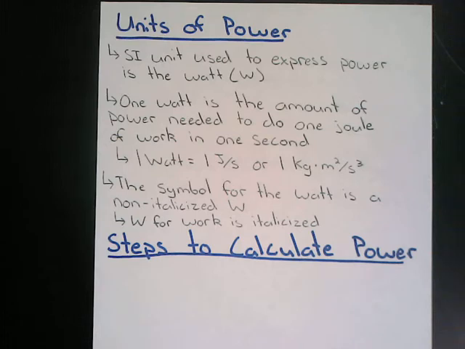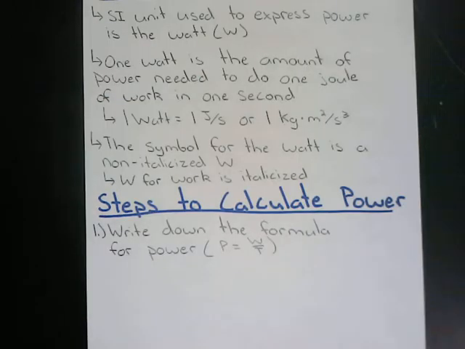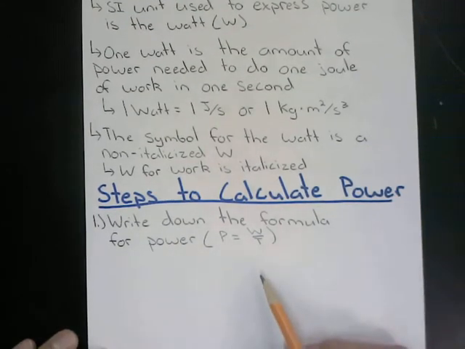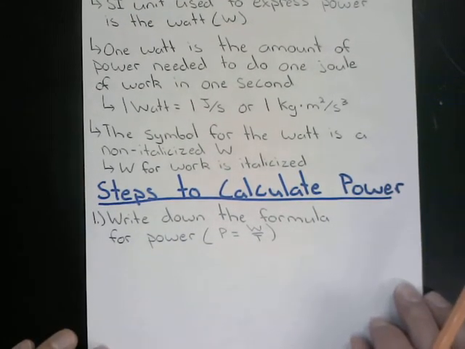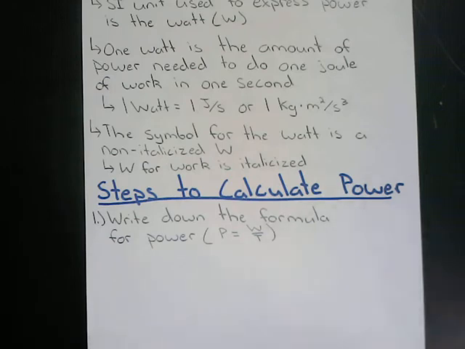Now, how we calculate power is very similar to how we calculate work, and the first thing is to write down the formula for power. Now remember the units that we went over on the previous page there, and express those in the correct units. Now, in step 2, determine the known values of the problems, and it's important here to include units.